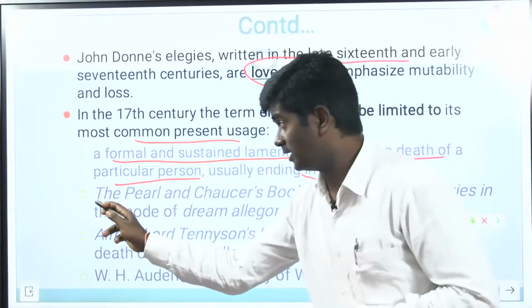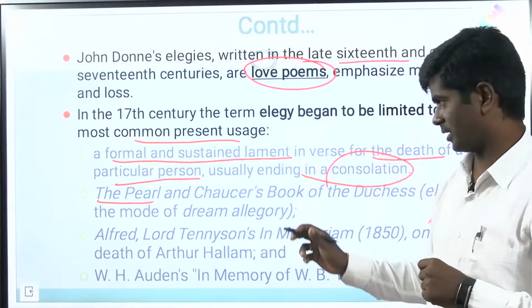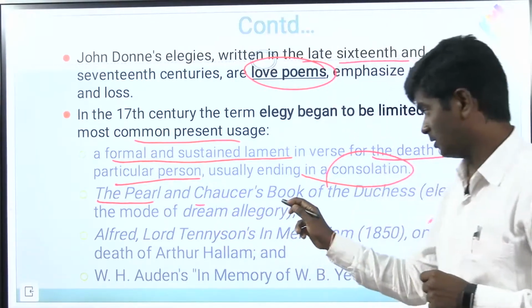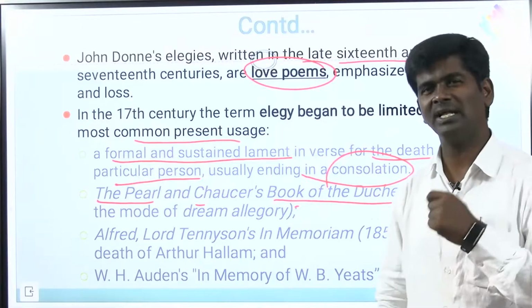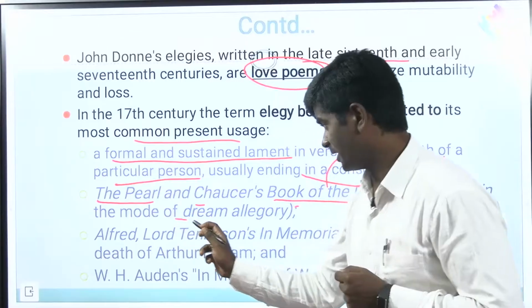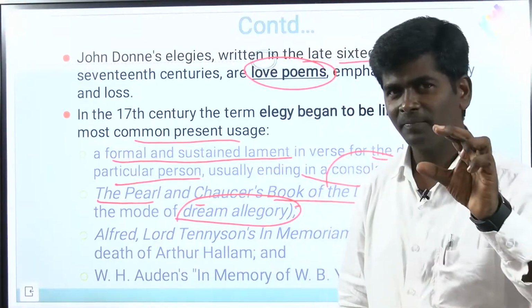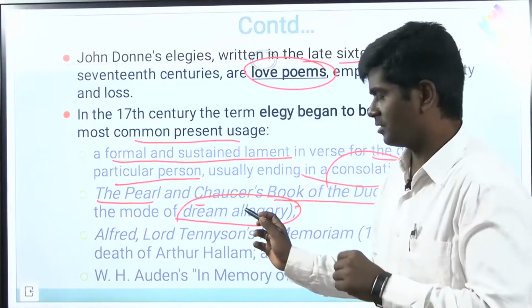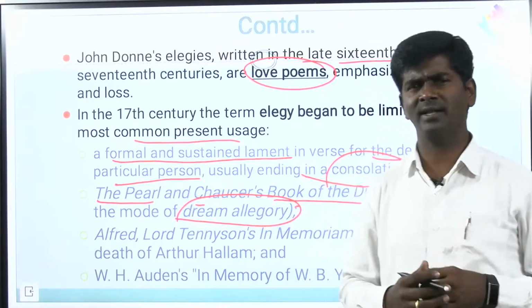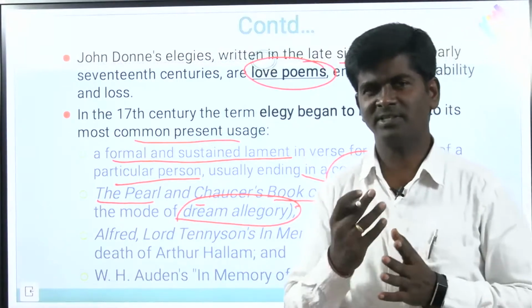For example, The Pearl, a medieval poem, Middle English poetry. And Geoffrey Chaucer's The Book of the Duchess and his own beloved. Next, these are in the mode of dream allegories. Remember, my friends, elegy can be associated with dream allegory. What is dream allegory? You will get a lot of dreams in which the person is dead.